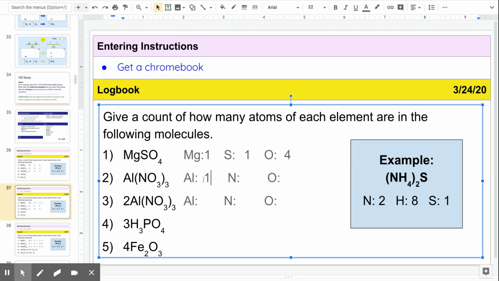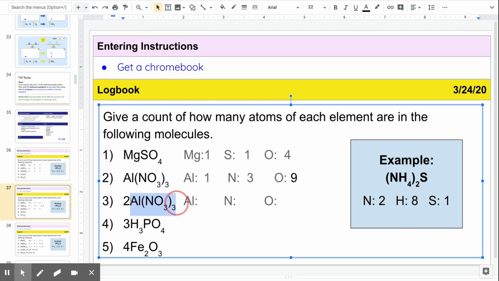So again, here we just have 1 aluminum, and then this nitrate, right, that NO3 ion, we have 3 of them. So each NO3 has 1 nitrogen, but now we have to multiply that by 3. So my nitrogen count is now 3. And then each one had 3 oxygens, but now I need to multiply that by 3. So my oxygen count is now 9.